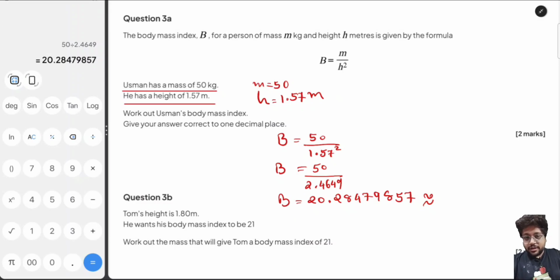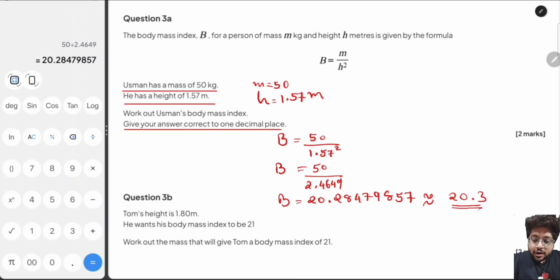And the third rule is, if the answer is in currency, then it must be in two decimal places, or they might have asked for the nearest dollar or nearest euro. Here in our question, it is already given that the answer should be rounded off to 1 dp. So if you round it off to 1 dp, it is 20.3.